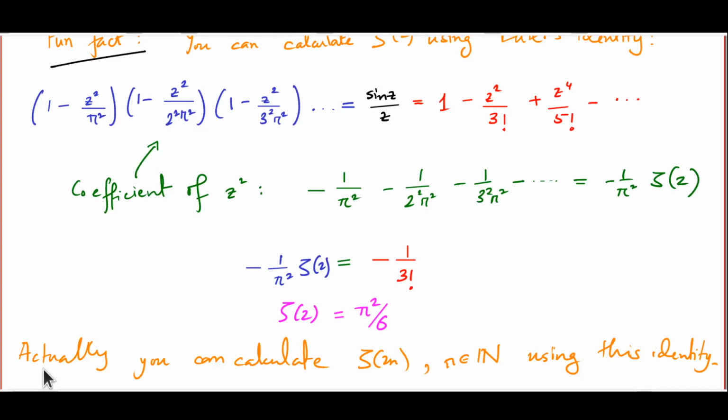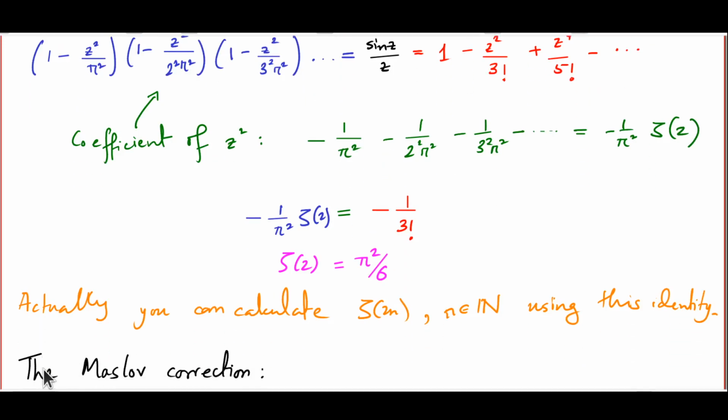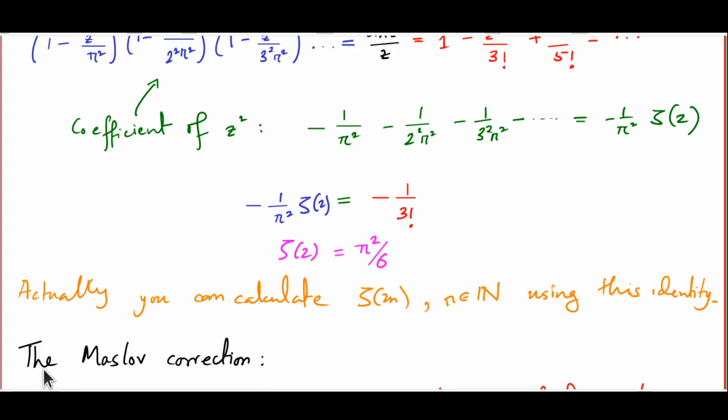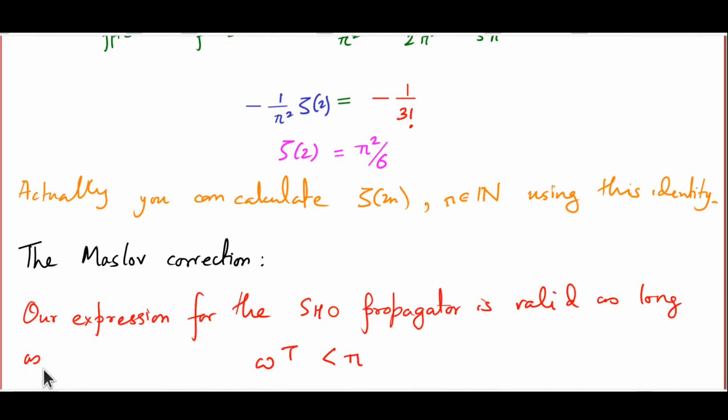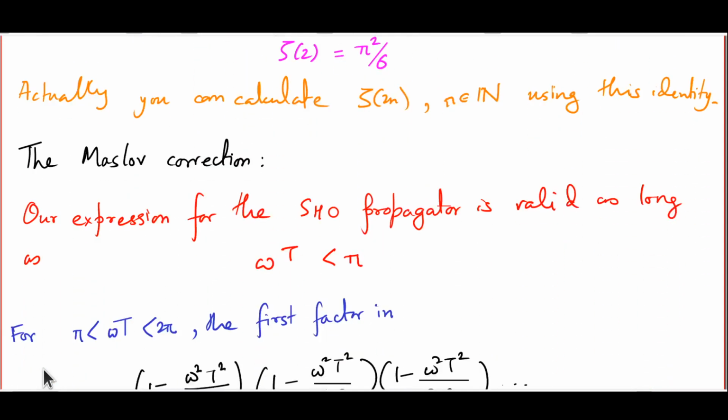And as promised, I'm going to now discuss what happens when your time interval becomes large enough that you cross half a period. This is the topic called the Maslov correction, because of course Maslov is the one who introduced this correction for the first time. So just to remind you, our expression for the simple harmonic oscillator propagator is valid as long as omega t is less than pi.